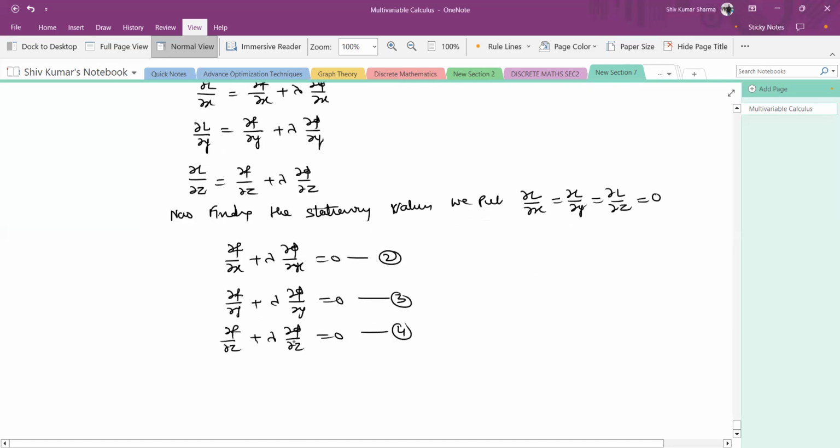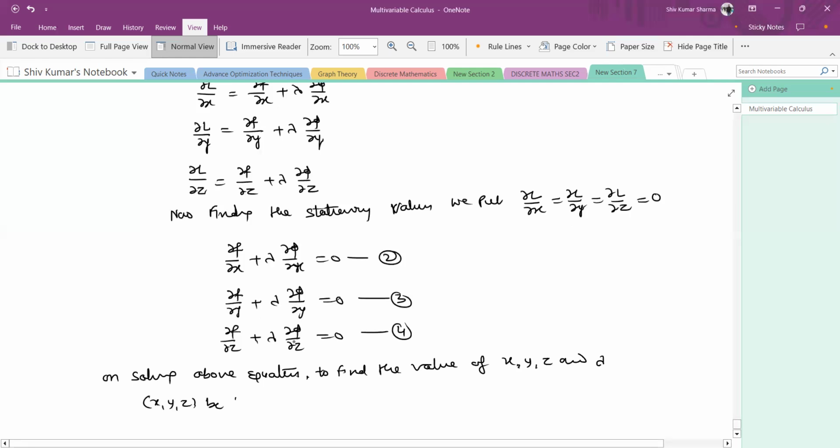So we have 3 equations here. On solving the above equations to find the values of x, y, z and lambda, we get x, y, z as the stationary values.